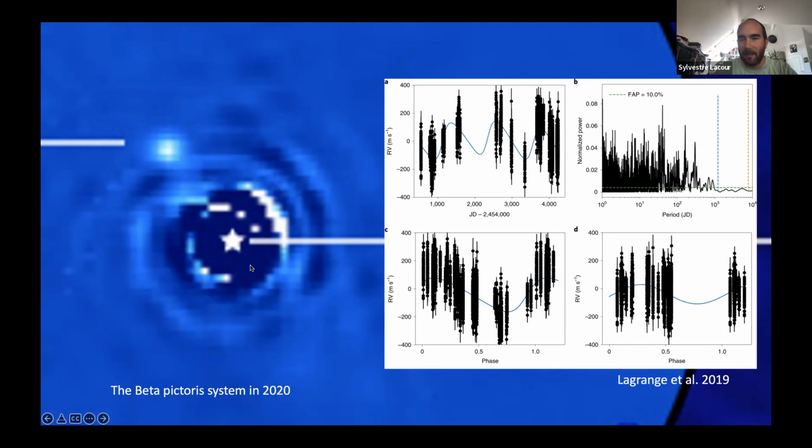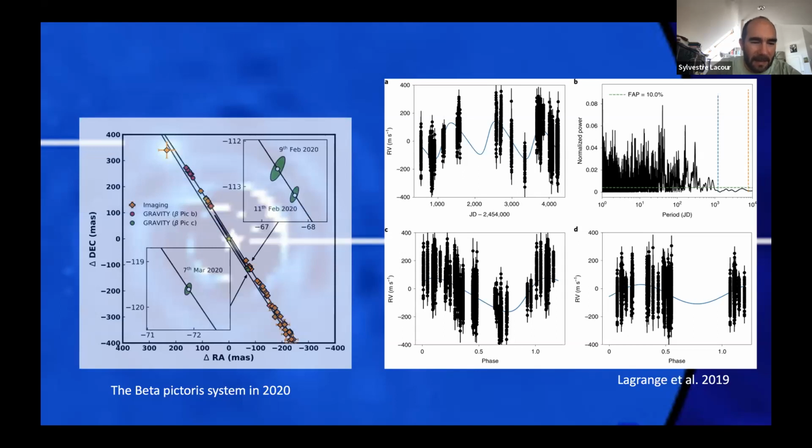And then we can start working with GRAVITY and point toward that, knowing that, again, the field of view of GRAVITY is of the order of 50 milliarcseconds. And we've done that in February 2020, and later again in March 2020. So here on the upper left, you have the NACO observation of Beta Pictoris b, and we found Beta Pictoris c here.